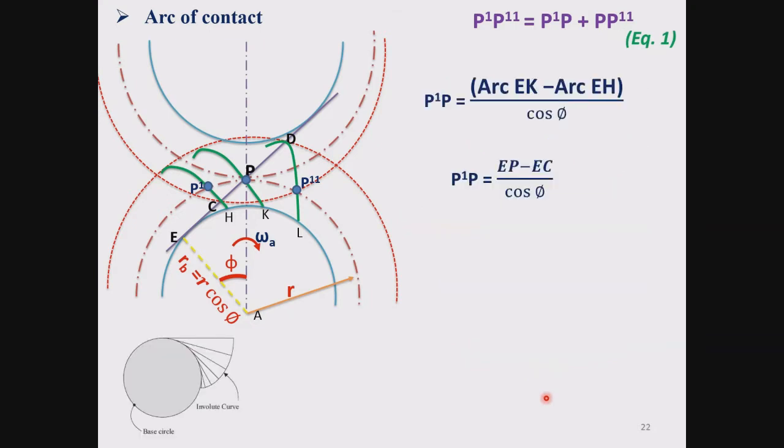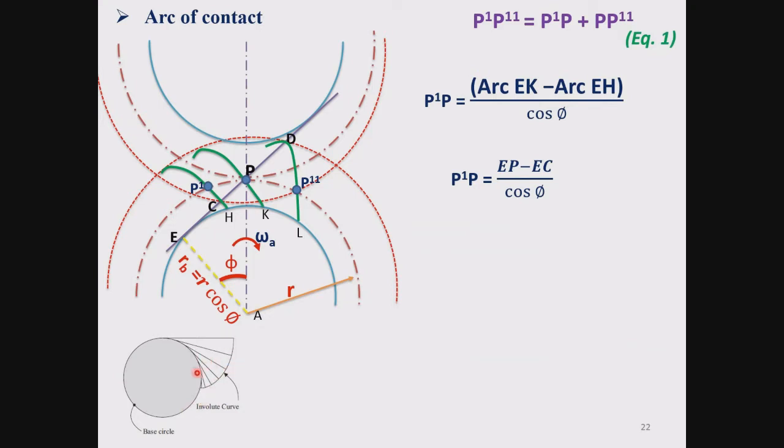Now we have this equation. Now what is arc length EK and arc length EH? Look at this diagram at the left bottom corner of the slide. Here it shows how the involute curve is generated. We have seen this before.